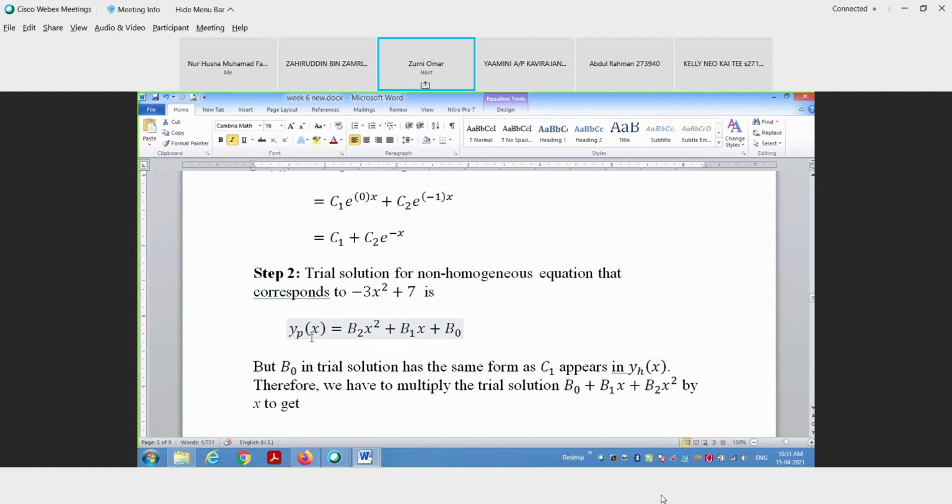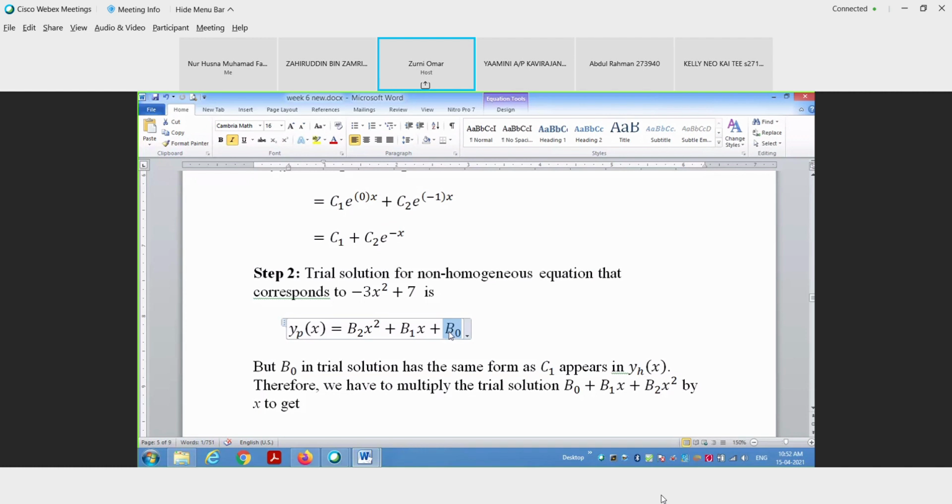So you compare this with yh. You compare b2 x squared with C1, they are not the same. b1 x with C1 are not the same. b naught with C1, they have the same form. This one is a constant, this one is a constant.